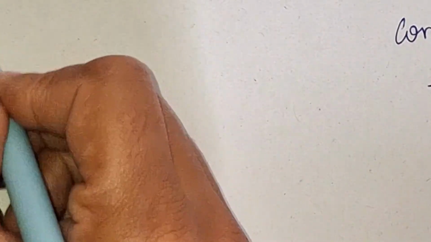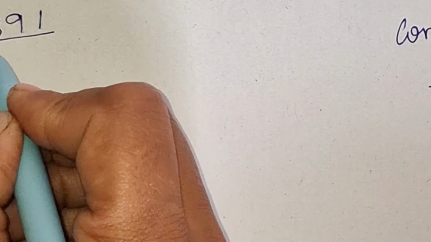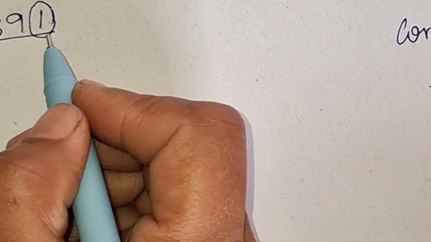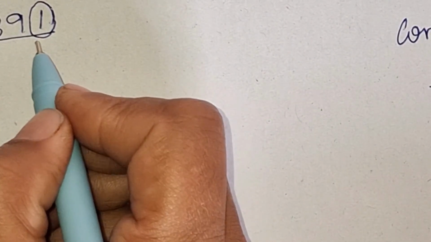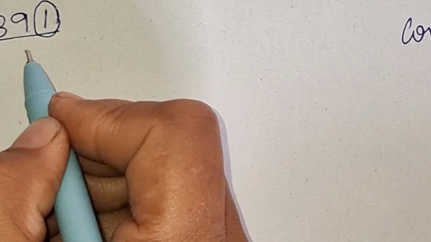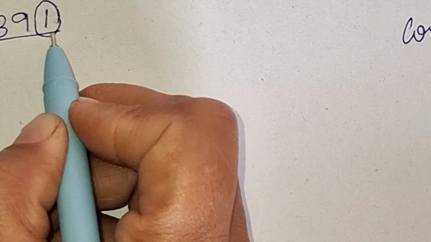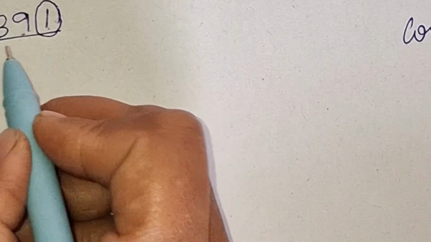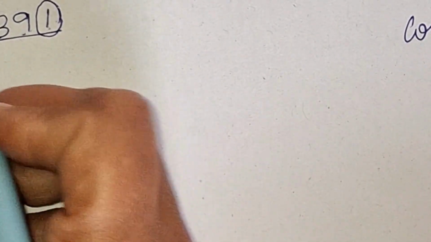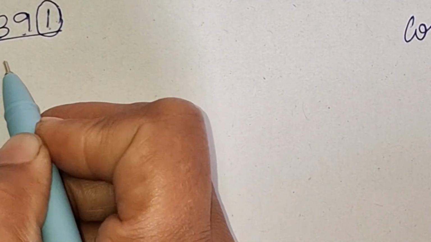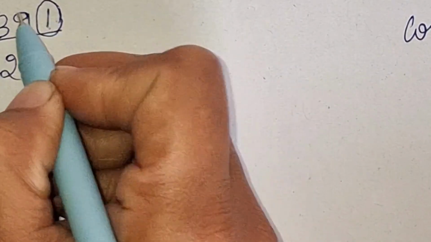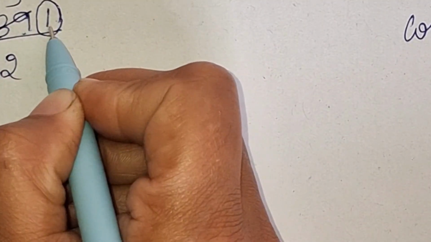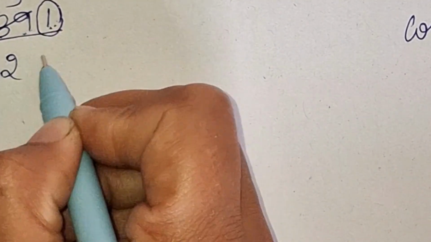Now find the factors of 391. The last digit is 1, so it is not divisible by 2. Is it possible for 3? No. 3 ones are 3, 3 threes are 9, but 1 is remainder, so it does not work. But it is divisible by 17: 17 twos are 34, remainder 5, then 51 comes, and 17 threes are 51.